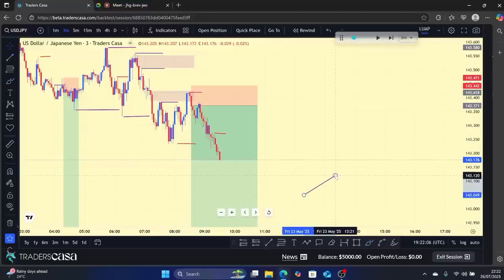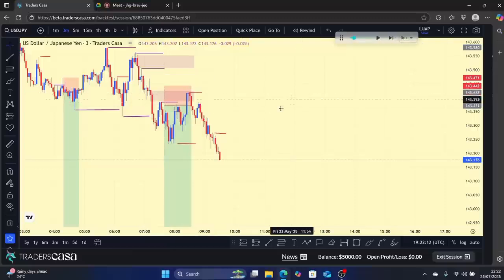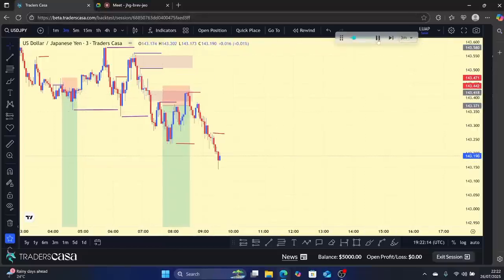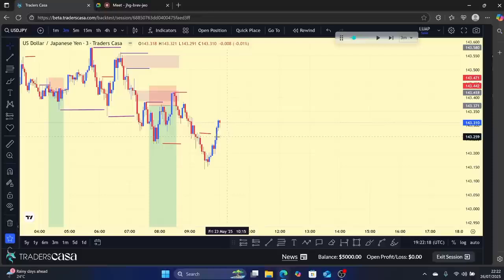Right, if you don't see the screen, maybe I can do something like this. Yeah, I think something like that would be better. And let's see what price does. Price has taken out the major inducement. This one here is what we call the extreme POI. Alright, is the extreme POI mitigated?